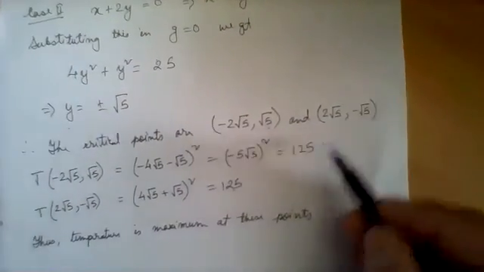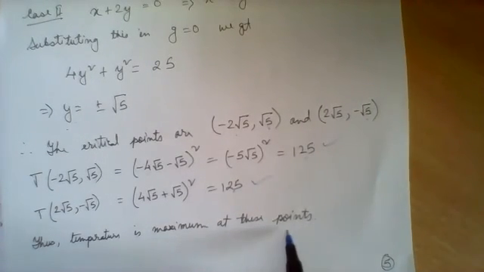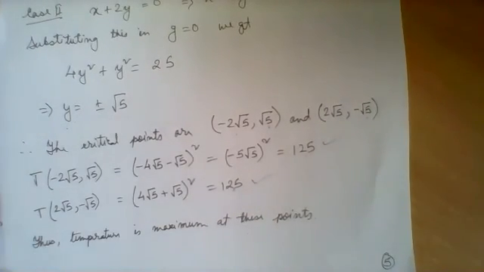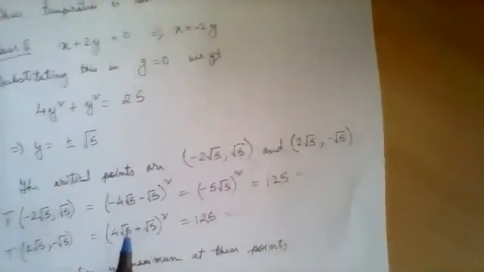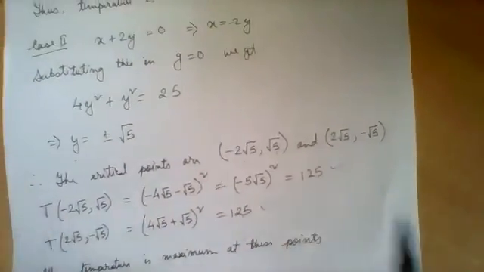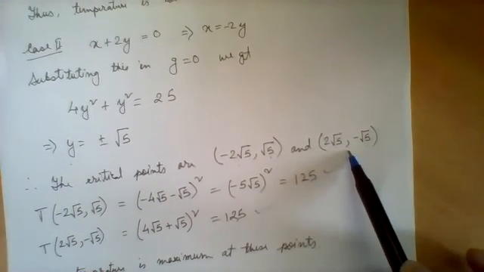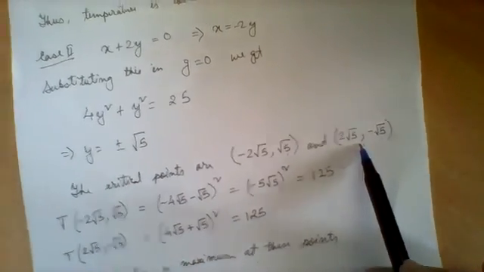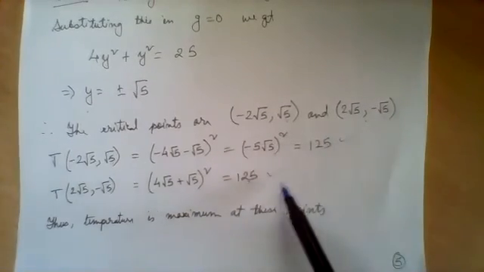Thus temperature is maximum at these points. So what do we get? At these 2 points, when the end moves along the circle, the end encounters the highest temperature, and that highest temperature is given by 125.